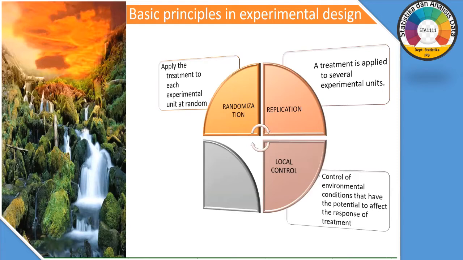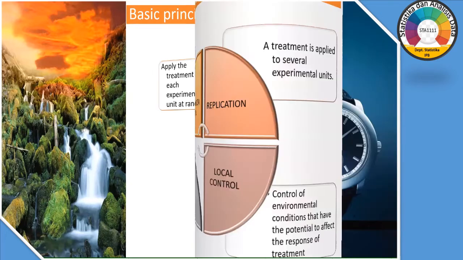That is how we control the environmental conditions that have the potential to affect the response to treatment. Okay, good. Those are the three basic principles in experimental design. If possible, you must consider these three basic principles before conducting an experiment.